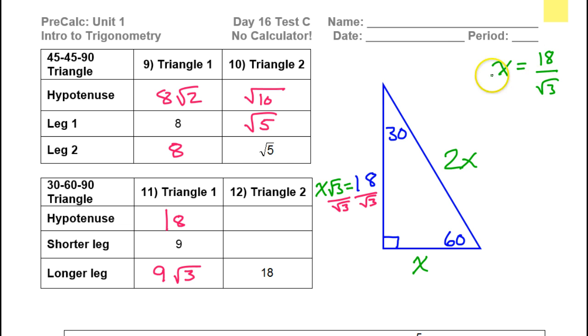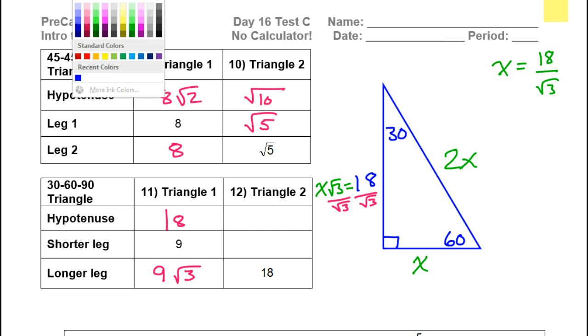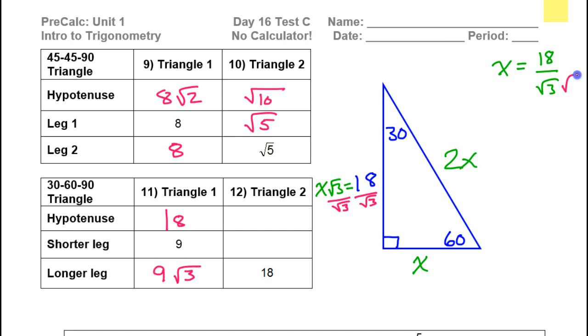Now let's rationalize this denominator. Multiply the numerator and denominator by radical 3 to really see what we have here. That's going to give us 18 radical 3 over 3. Radical 3 times radical 3 is just 3.